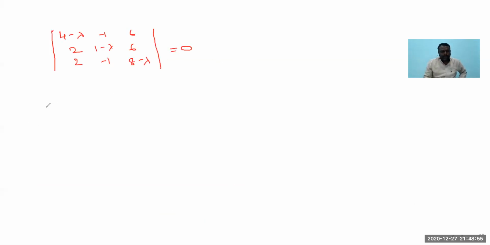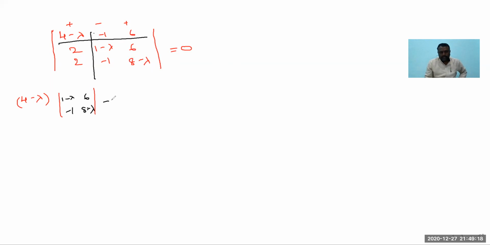Now the first term is plus, next minus, next plus. 4 minus lambda into the determinant: here I remove the first row and first column, and the remaining terms are 1 minus lambda, 6, minus 1, 8 minus lambda.